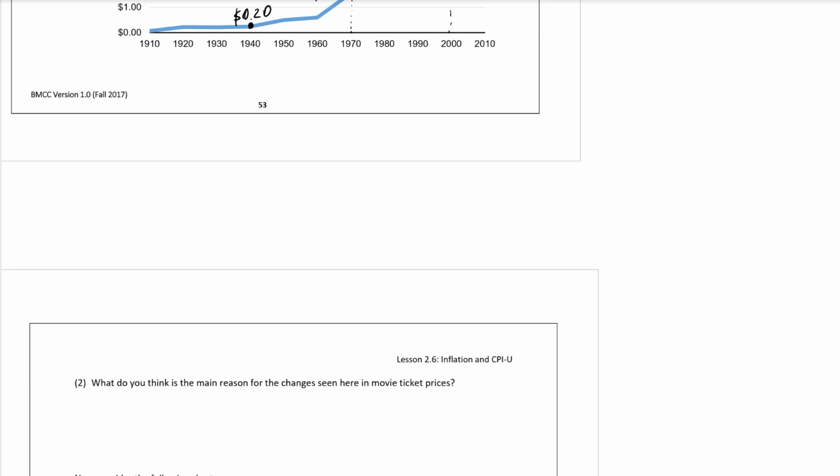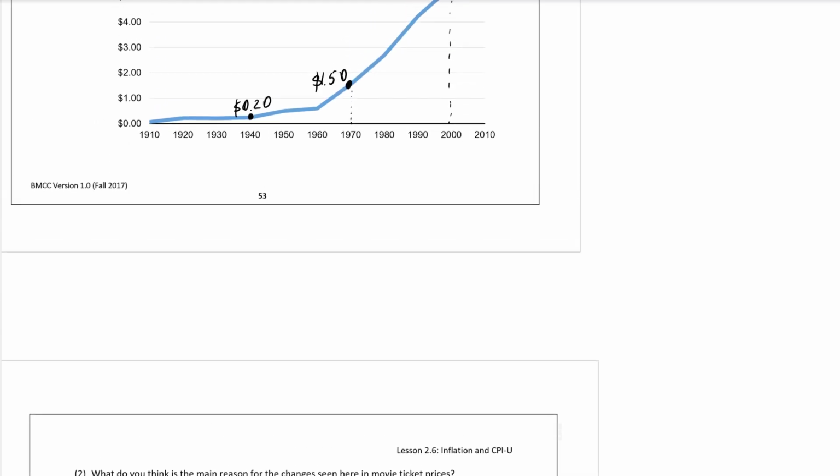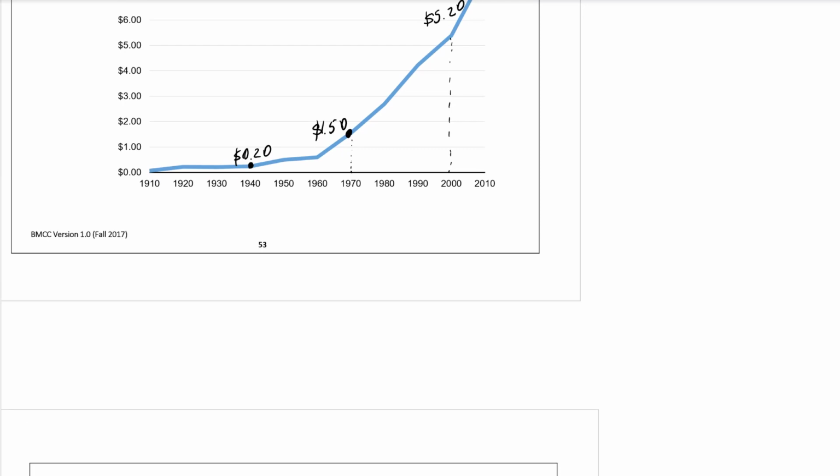Or maybe it's not that the prices are actually going up because of those factors. Maybe the $5.20 we pay in the year 2000 is not the same as paying $15 for a movie ticket in 2021. Maybe there's a relationship between those numbers somehow.